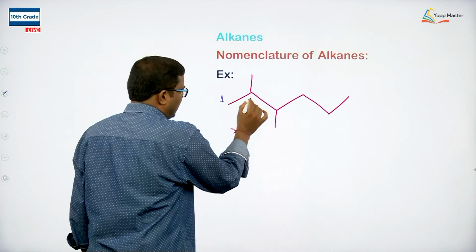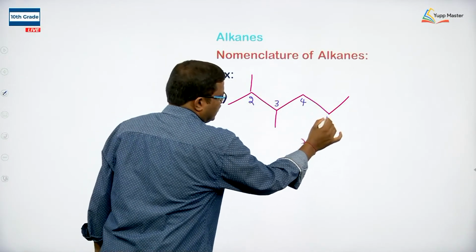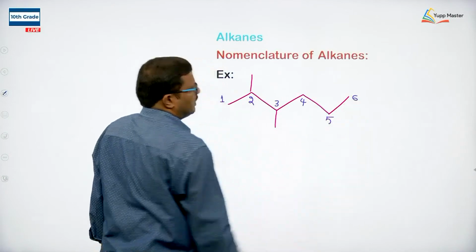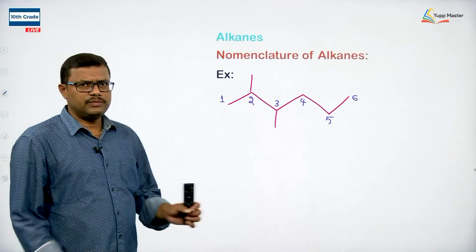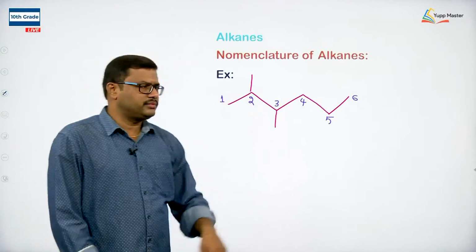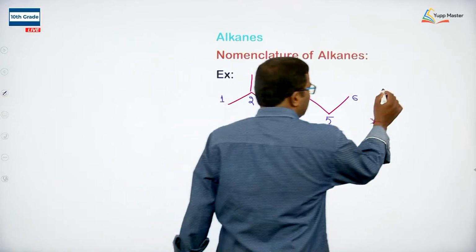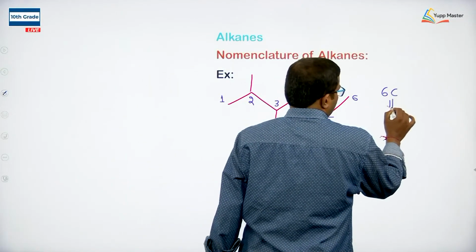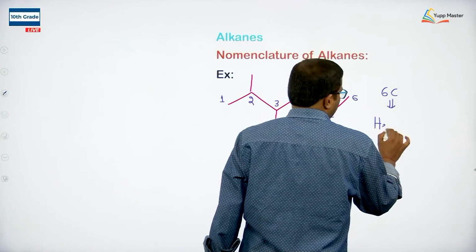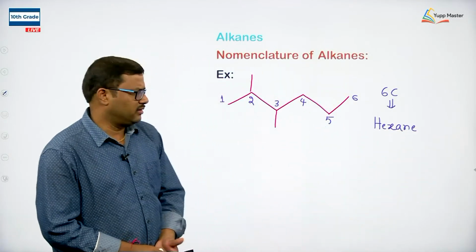Now if you observe, the longest continuous carbon chain contains how many carbon atoms? 6 carbon atoms. So 6 carbons are present in this particular alkane chain. So the parent name is hexane.